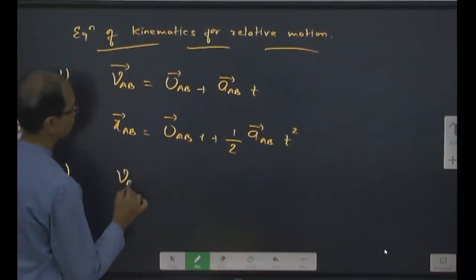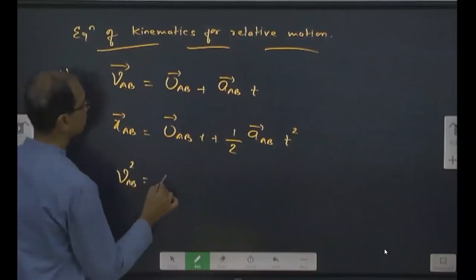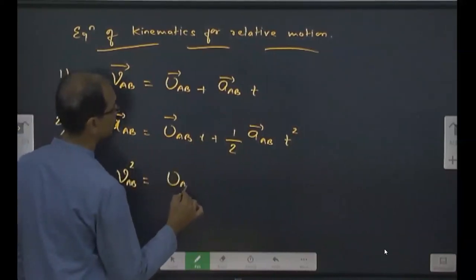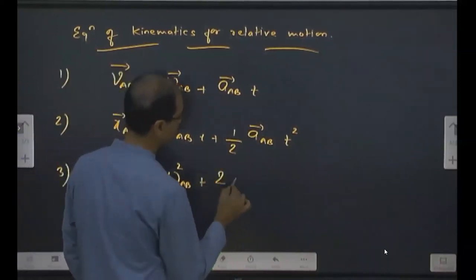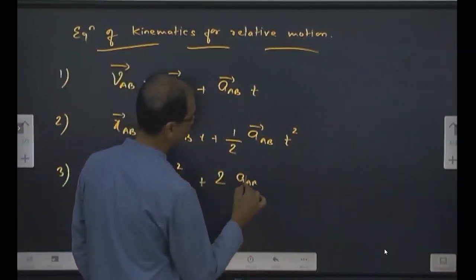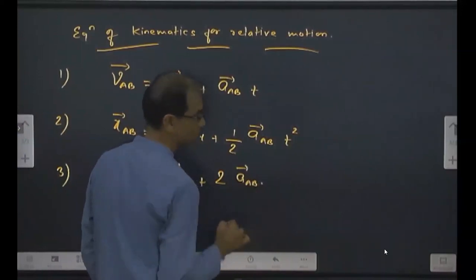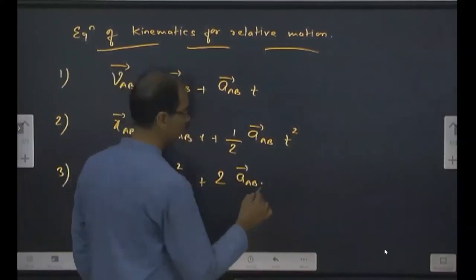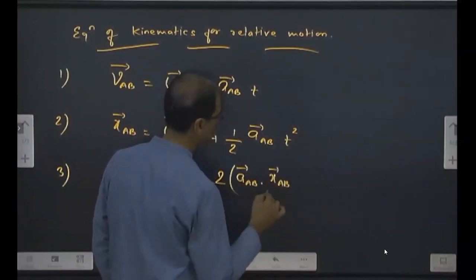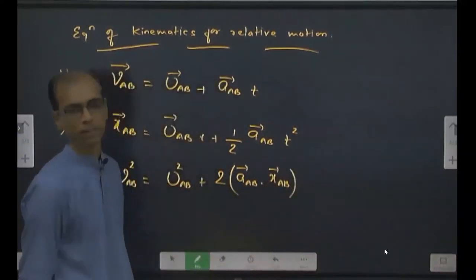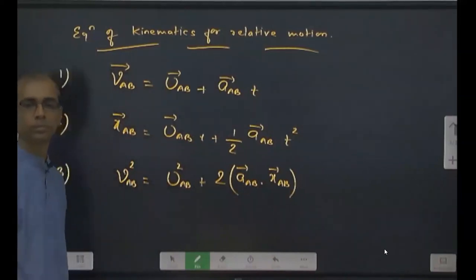Velocity of A with respect to B square equals initial velocity of A with respect to B square plus 2 acceleration of A with respect to B dot, here dot is there, displacement of A with respect to B. Here dot is there. Okay.